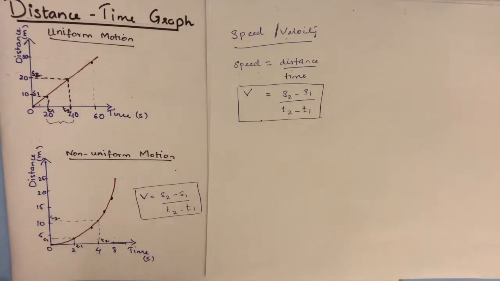I hope the point is clear. In case of a uniform motion, the speed calculated will be the same for any interval you take. But in case of non-uniform motion, the speed will not be the same for any interval of time that you consider, because the speed is changing with respect to time.